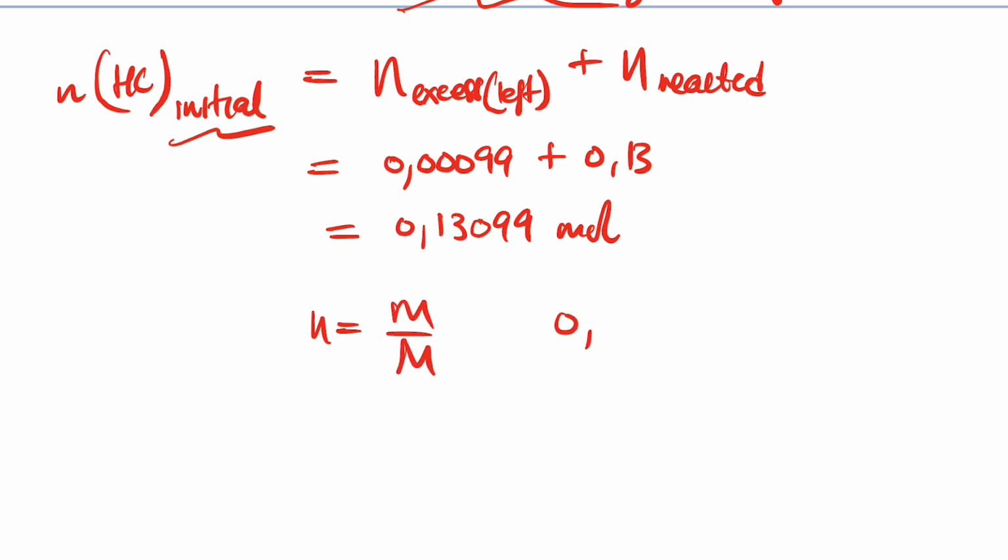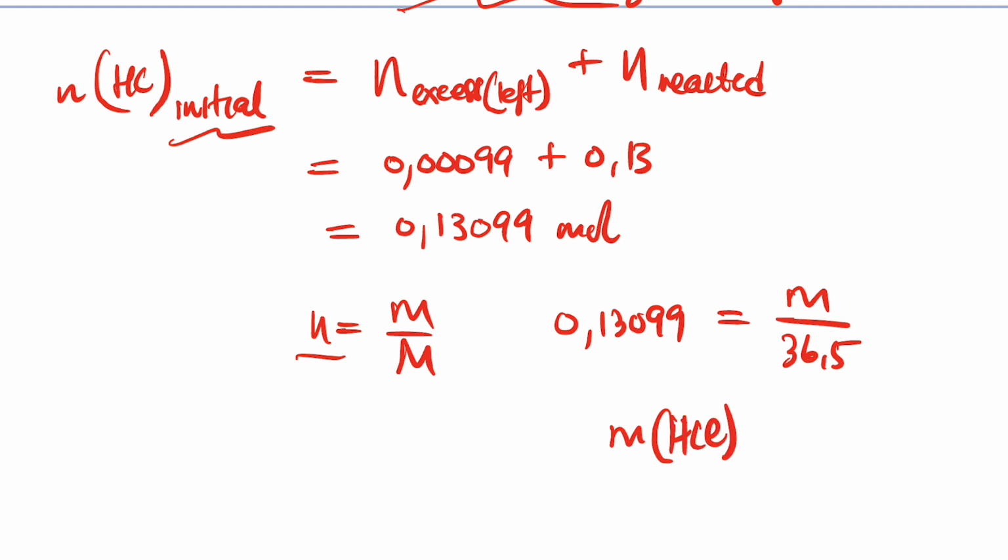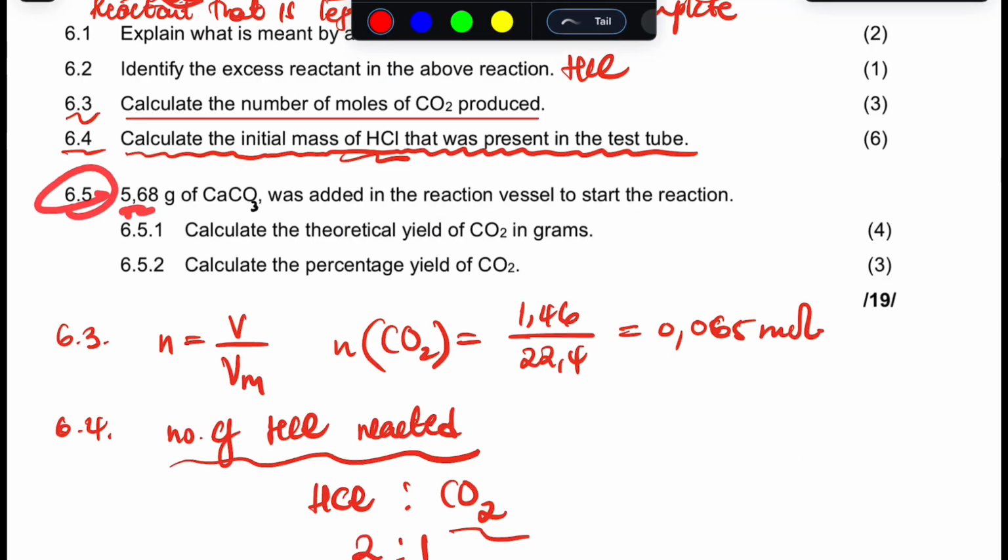The molar mass of the HCl is 36.5. So we're going to say 0.13099 times 36.5. So the initial mass of the HCl is 4.78 grams.